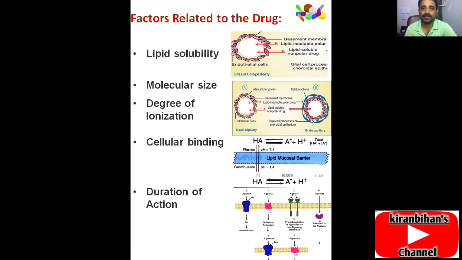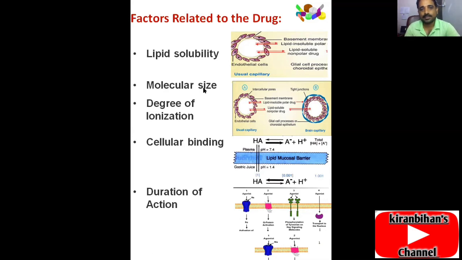Due to that nature, lipid-soluble drugs can cross every barrier and can reach the brain and elsewhere. So they have a large volume of distribution, and they don't need other facilitation or active transport for their transfer from one compartment to another.